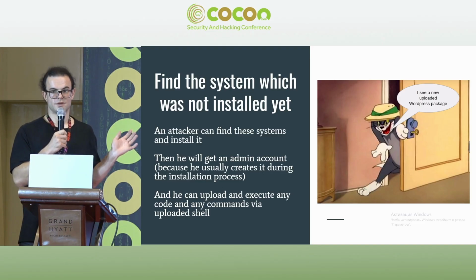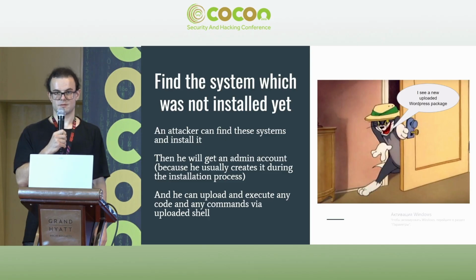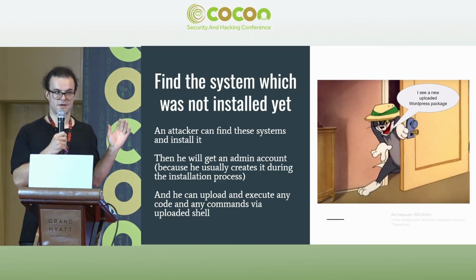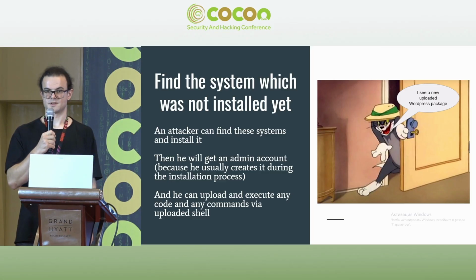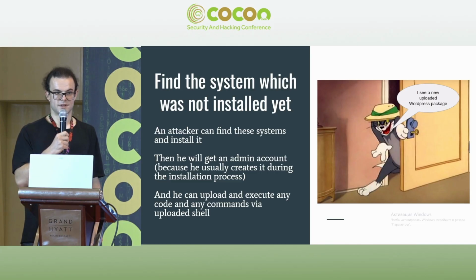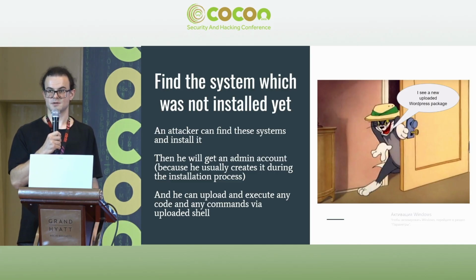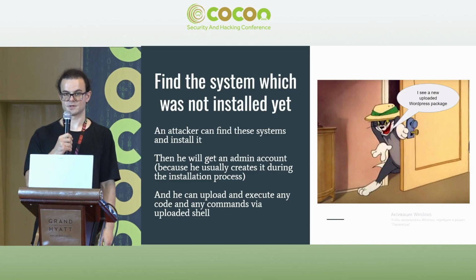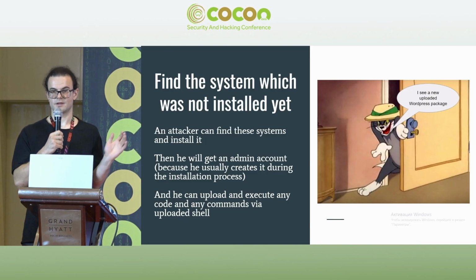He can do it by mass scanning, by Google Dorking, or by some interesting methods. And if he finds a system that is not installed, for example, WordPress, he can install it himself and get admin privileges on the system, and then upload some code and execute scripts. So he can get privileges on the server.